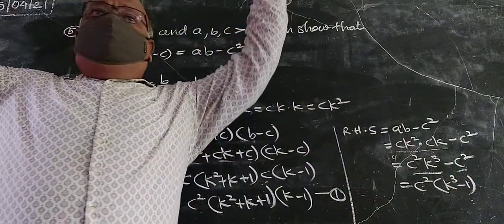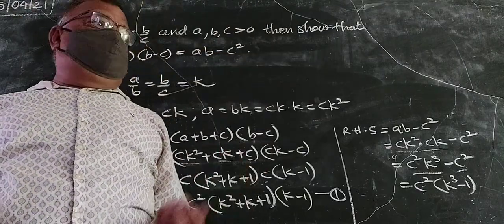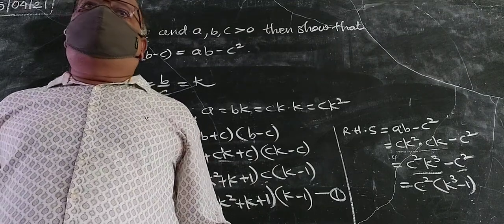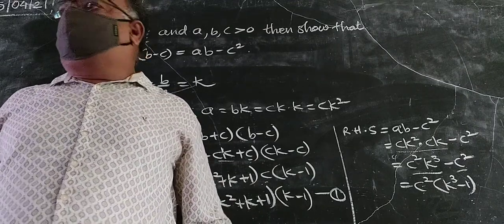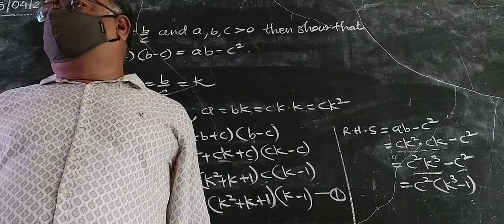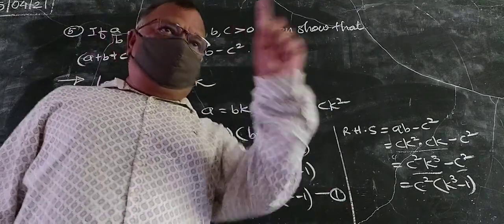And now the biggest problem has come, because we 9th standard students don't know the identities that we studied in standard 8. And because of that, your problem will not go ahead. But if you know the identity, I will tell you.